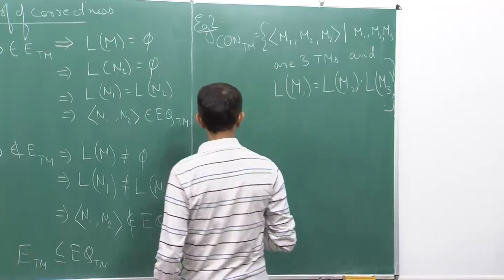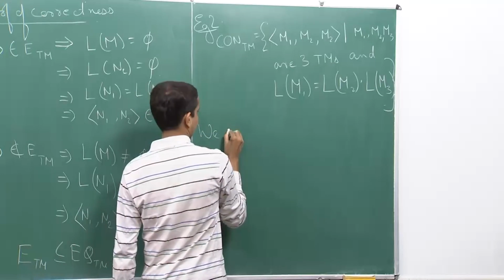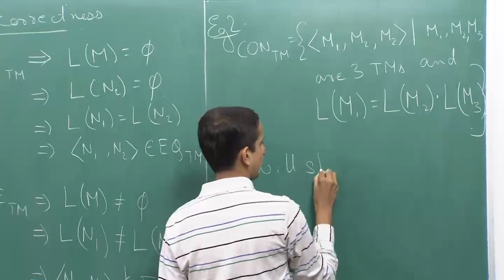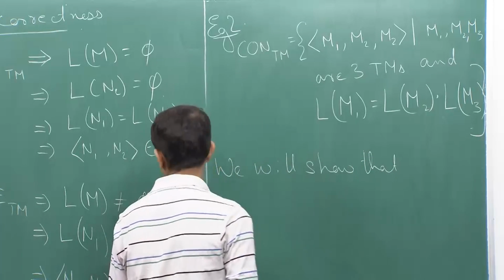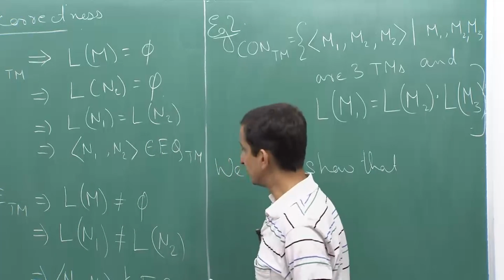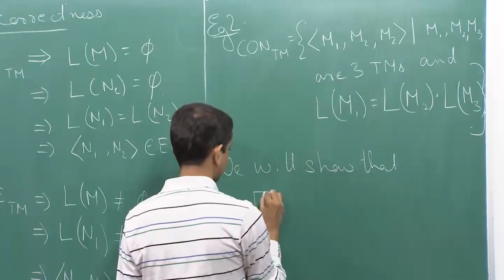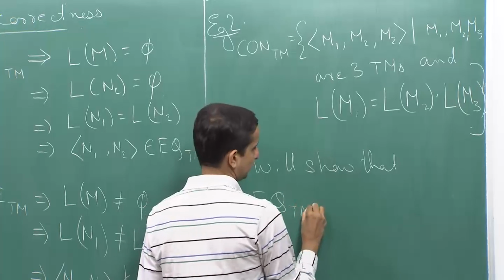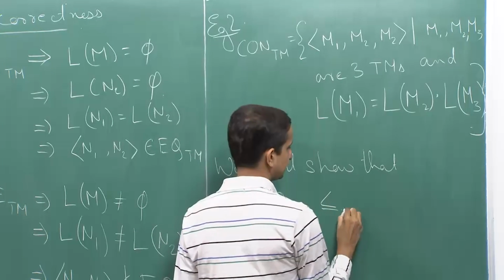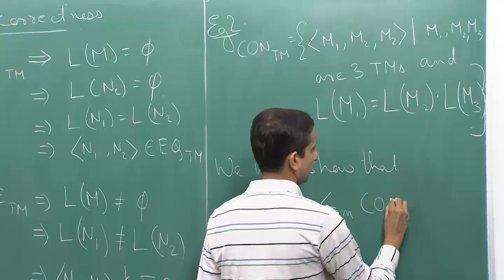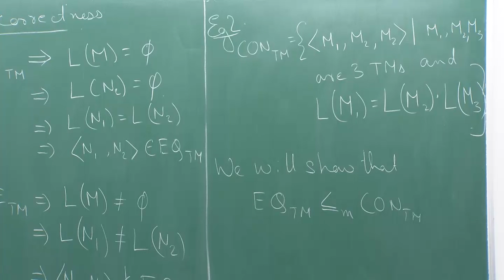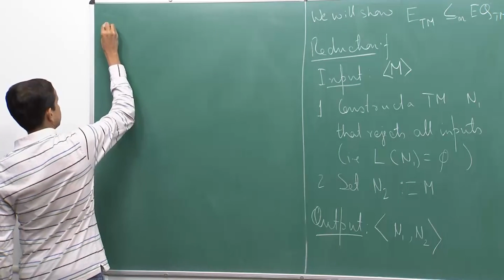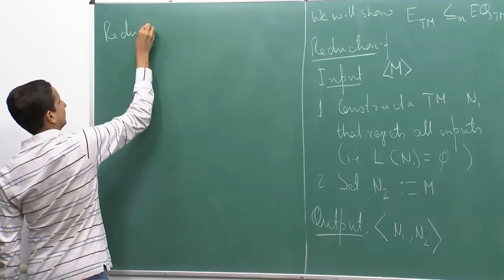So, what we will show is, now that we have proven EQTM is undecidable, that EQTM reduces to CONTM. How do we prove this? Let us construct our reduction.